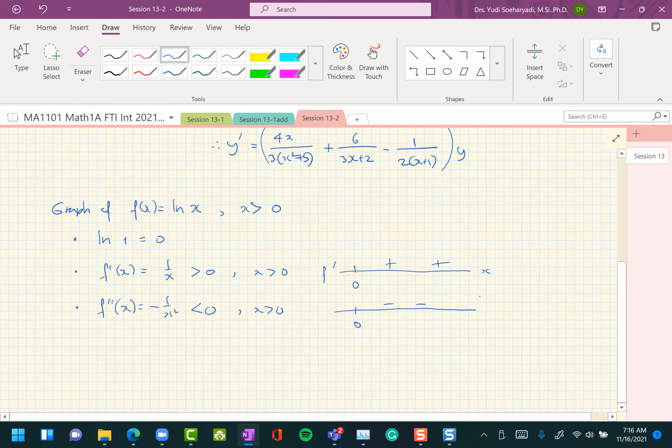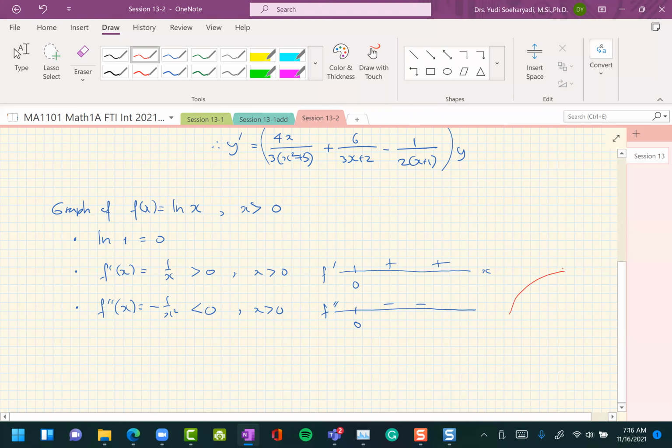That's all negative. So according to the shape, plus minus, remember, the shape is increasing but concave down. So it has a shape like this.